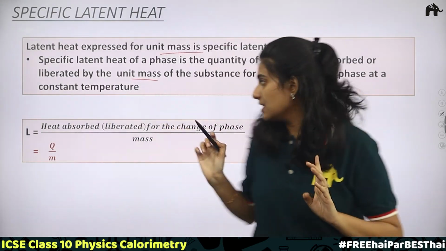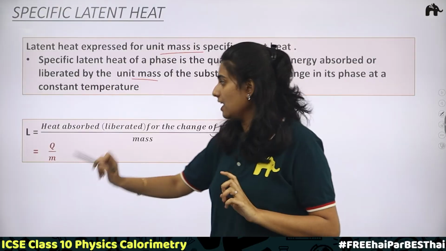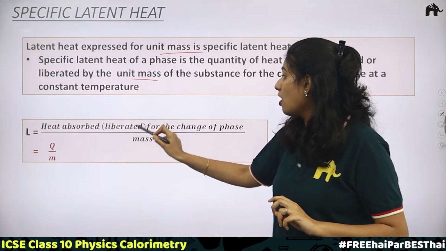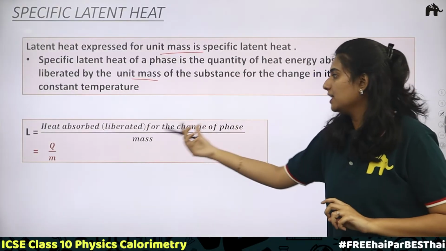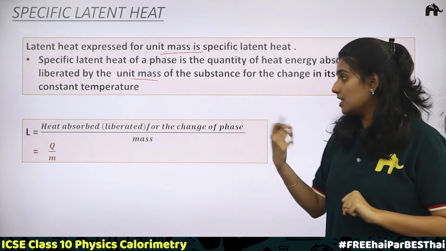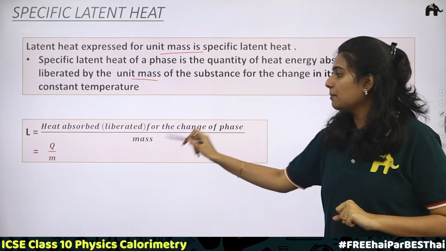Specific latent heat, which is represented by the letter L, is the heat absorbed or liberated for the change of phase divided by the mass. The amount of heat energy that is liberated or absorbed divided by the mass.